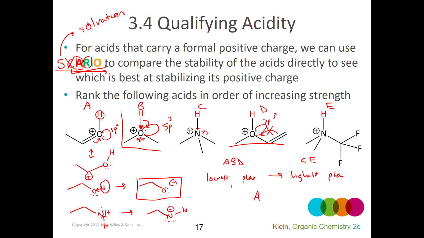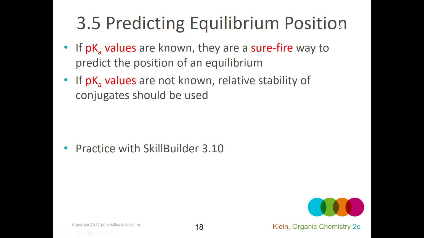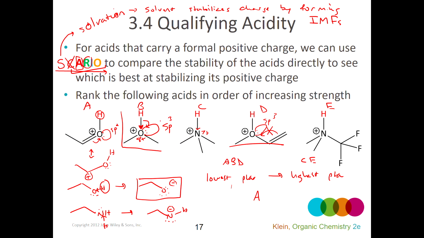How does the solvent stabilize a charge? So solvation is where the solvent stabilizes the charge by forming intermolecular forces. So whatever the solvent is, if it doesn't say, it's assumed to be water.